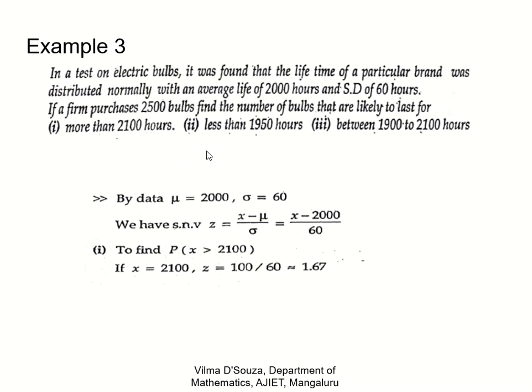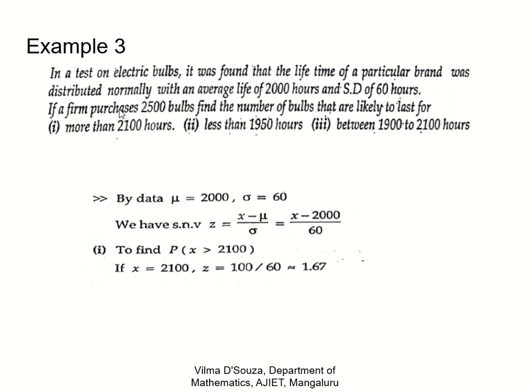We'll move on to the next problem. In a test on electric bulbs, it was found that the lifetime of a particular brand was distributed normally with an average life of 2000 hours and a standard deviation of 60 hours.